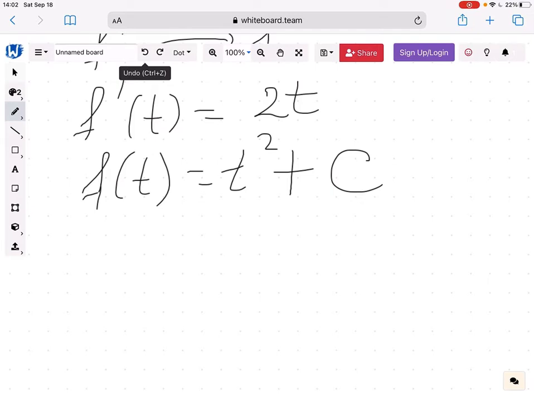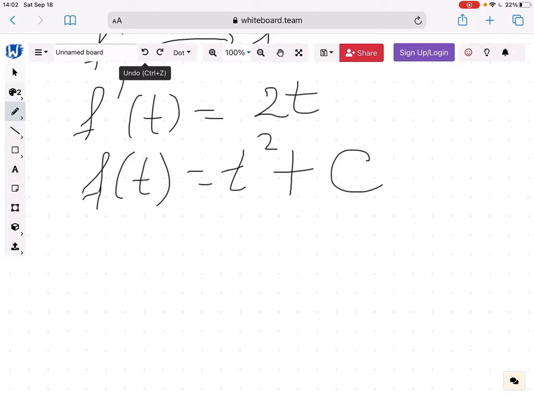But now the question is, how big is this uncertainty? Is it just a constant that we need to add? Or is it something more sinister, some kind of function that could be constant sometimes, but there's also some other function that is also going to give us the derivative 2t? Let's talk about it now.